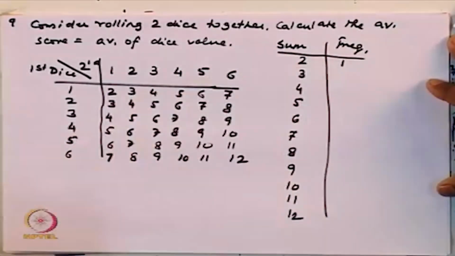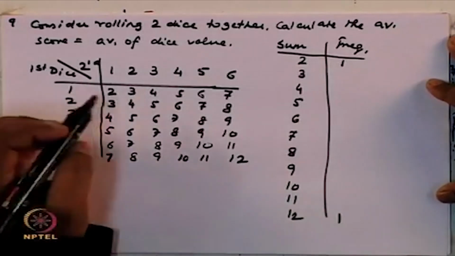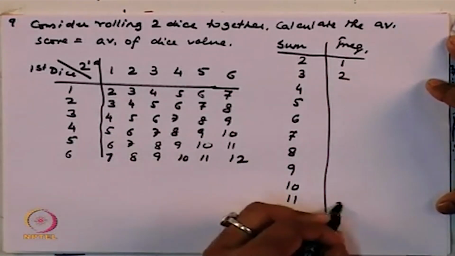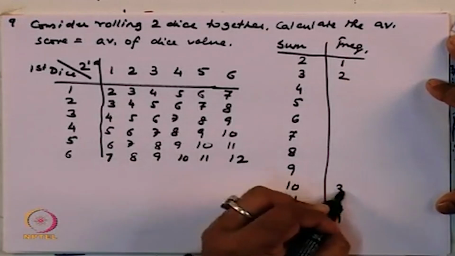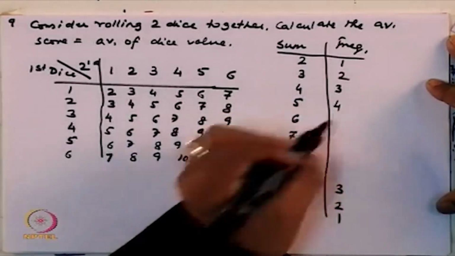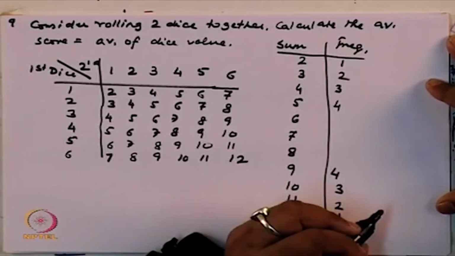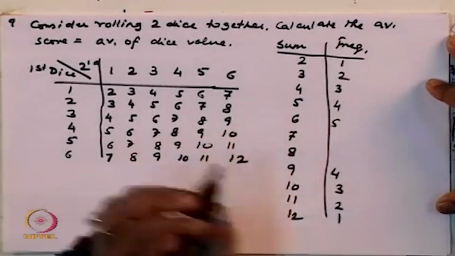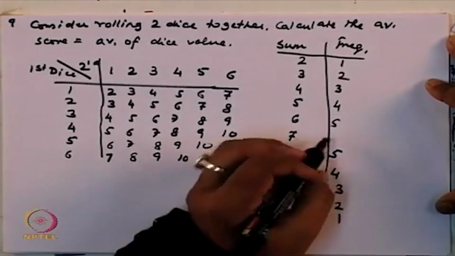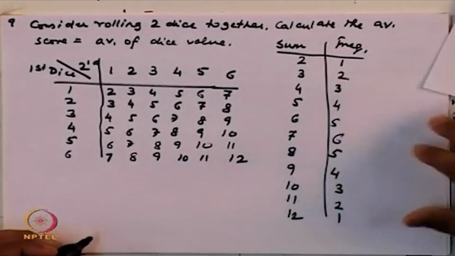For 2 it is 1, for 12 it is 1, for 3 it is 2, for 11 it is 2, for 10 it is 3, for 4 it is 3, for 5 it is 4, for 9 it is 4, for 6 it is 5, for 8 it is 5, for 7 it is 6.